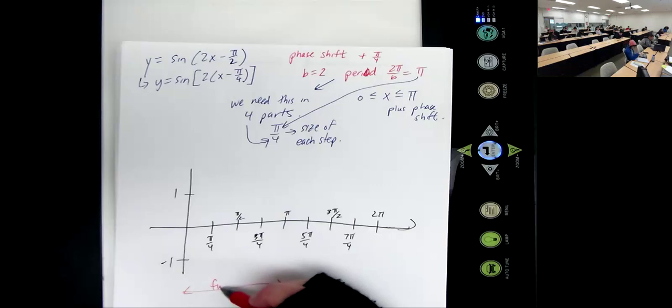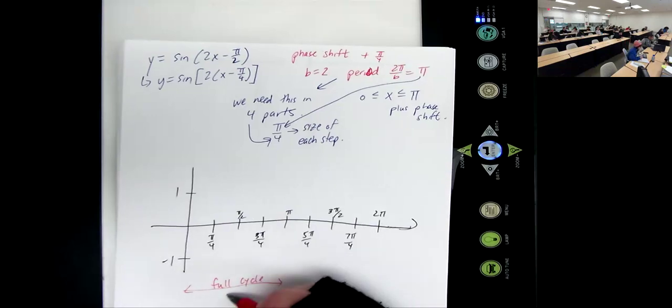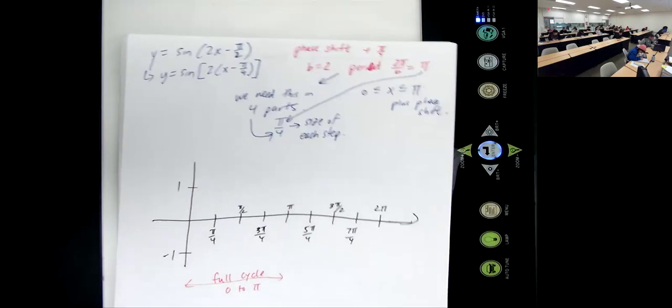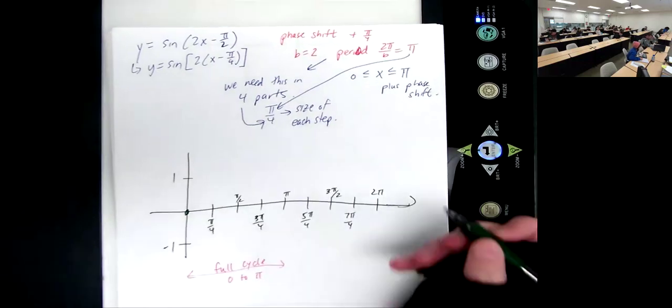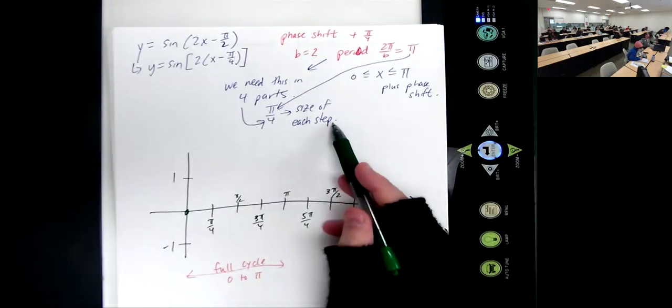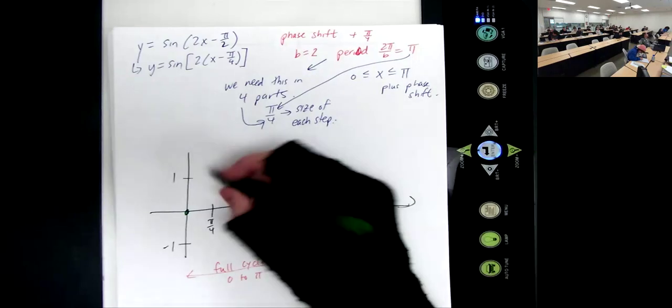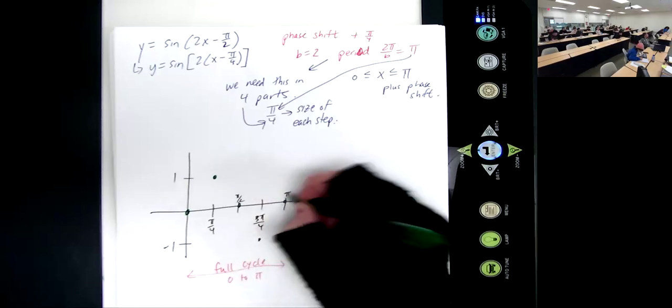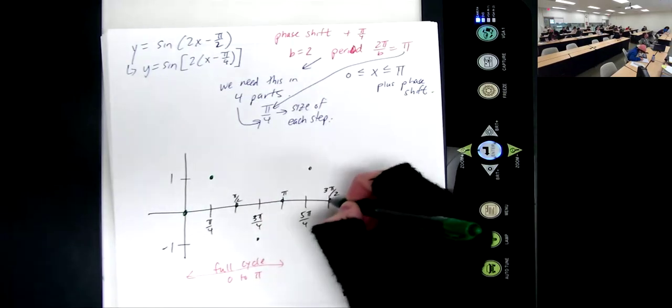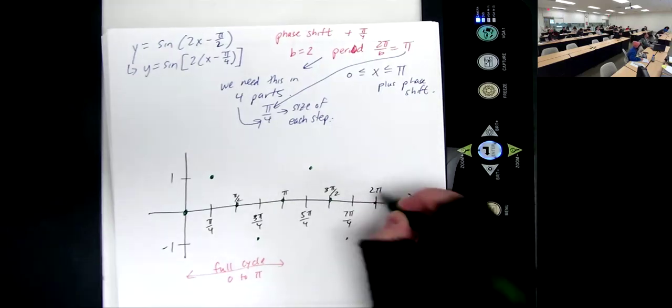Does the sine start in the middle, high, or low? Middle, it starts at 0. And we're making each step pi over 4. So then high, then middle, then low, then middle.